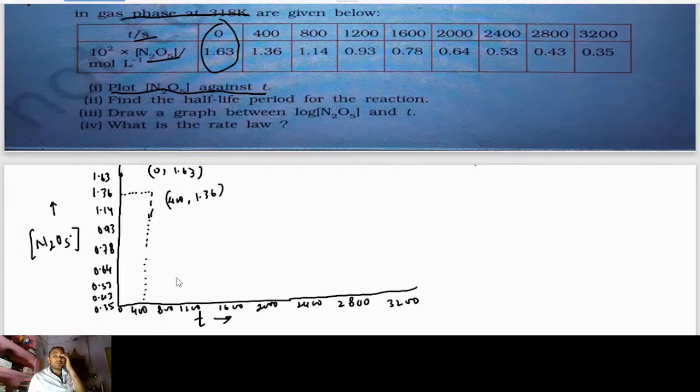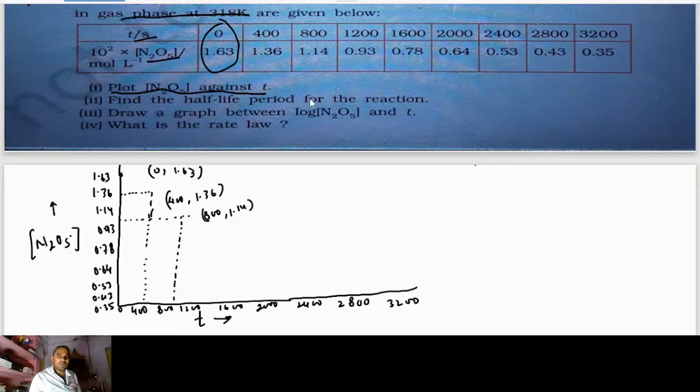Now the next point is 800 and 1.14. So at 800 it will be here, student.